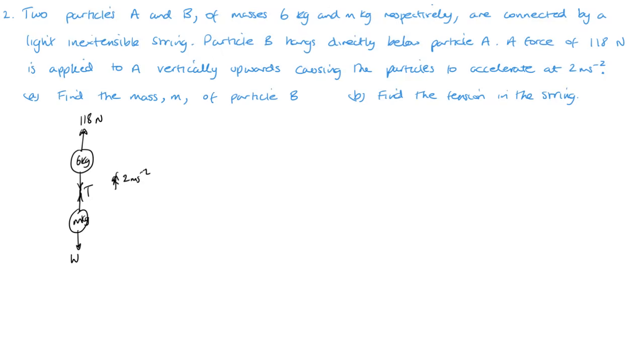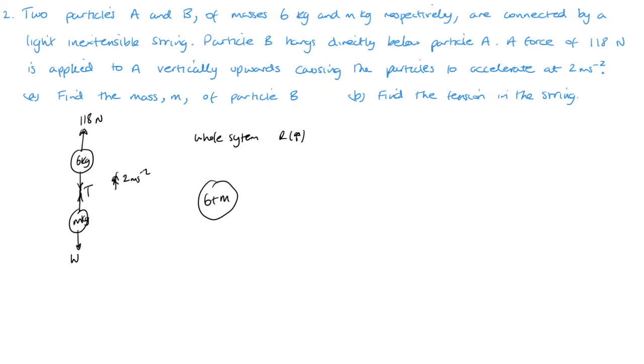So at the moment, we don't know the tension in the rope, but we do know the acceleration. So we're going to do the whole system, and we're going to resolve vertically. Now, if I'm doing the whole system, I'm going to draw this out again, but you don't need to draw it.